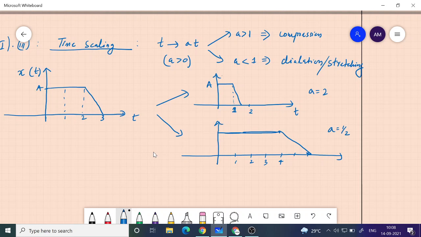So this is basically x of 2t, and this one is x of t by 2. Amplitude is not touched, it remains at a. The only difference is that it got stretched, widened.